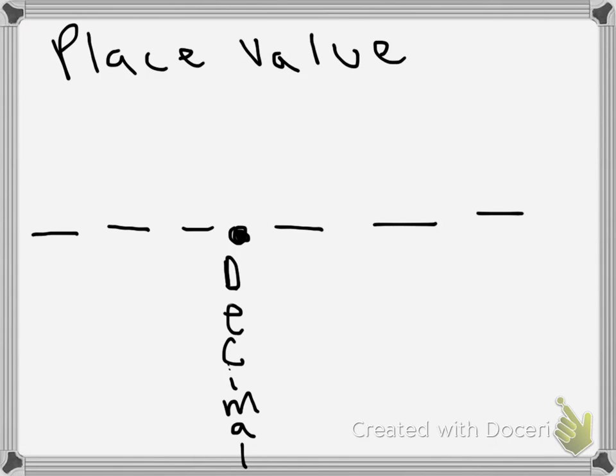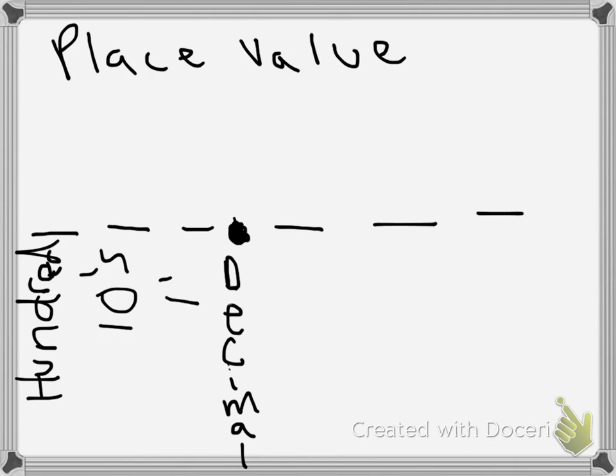Alright, so here is your place value chart. Okay? We've got our decimal right here. And place value is important for changing a decimal to a fraction. So we've got our place value chart. And here's the hundreds. Here's the tens.